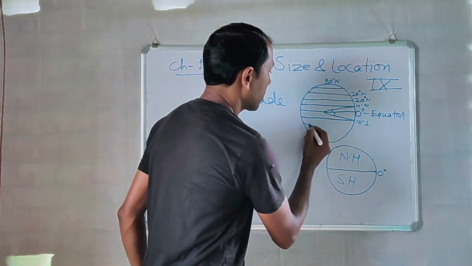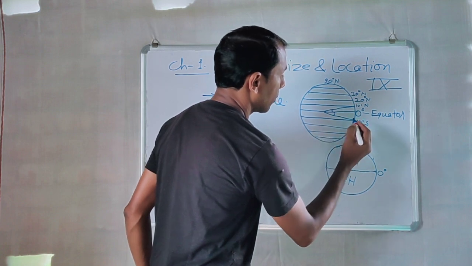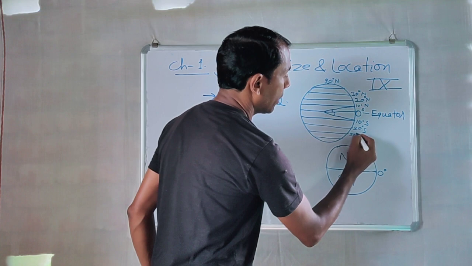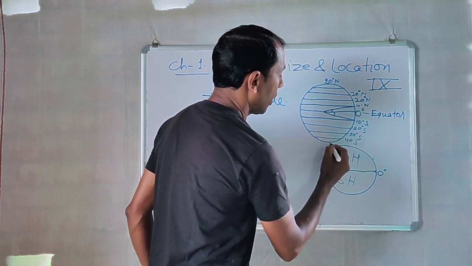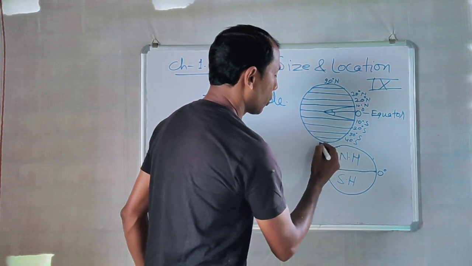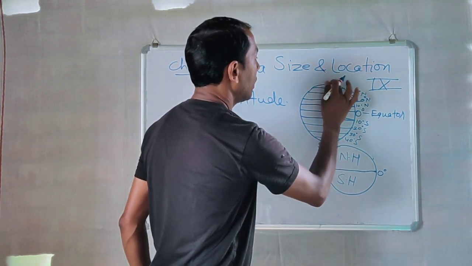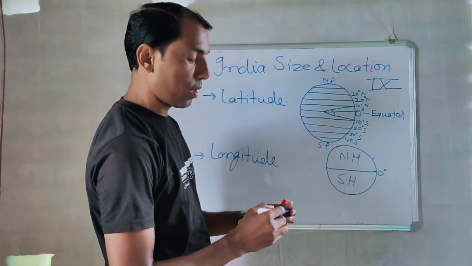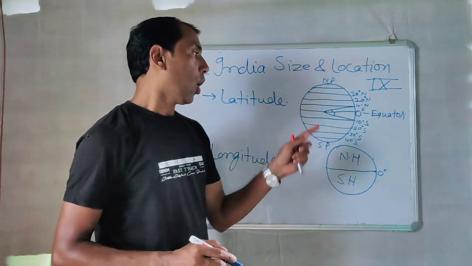Same as 20 degree south, 30 degree south, 40 degree south, and here is the South Pole, SP, 90 degree, and there is NP, North Pole. So these are the latitudes, right?